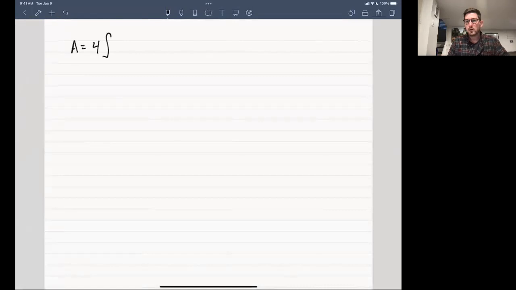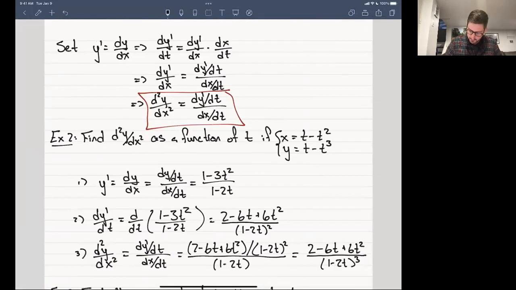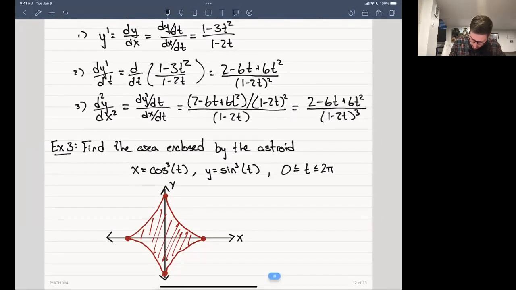And now if you look back at the first quadrant here, you're running from x equal to 0 all the way up to x equal to 1. So your bounds of integration are x from 0 to 1. You're finding the area under the curve y, right?